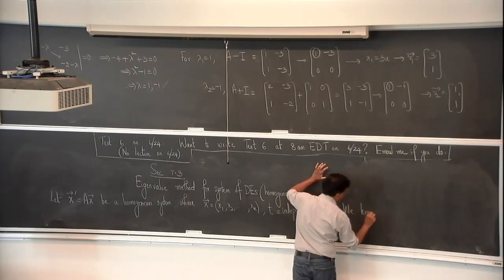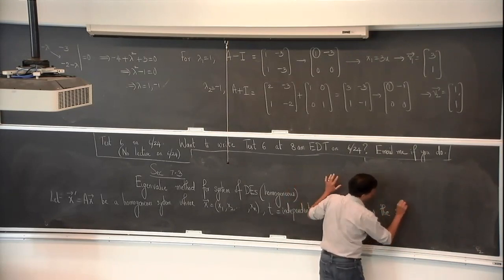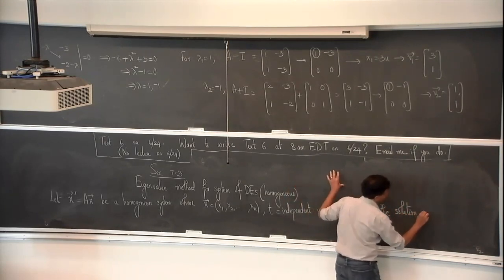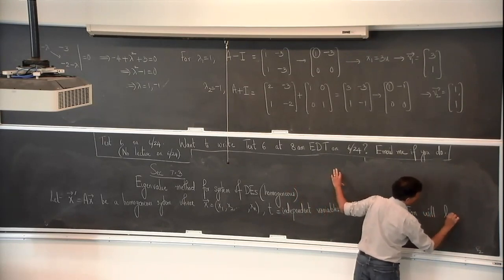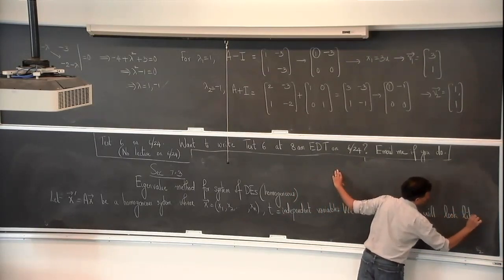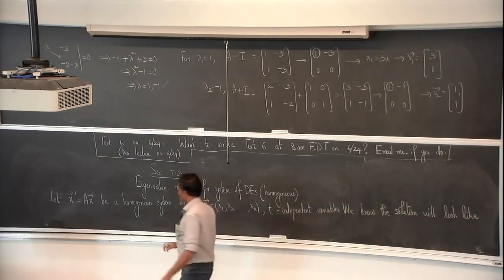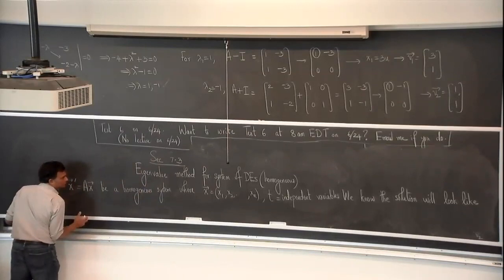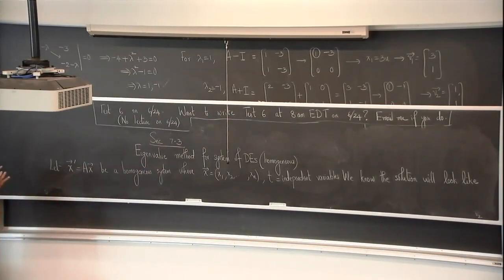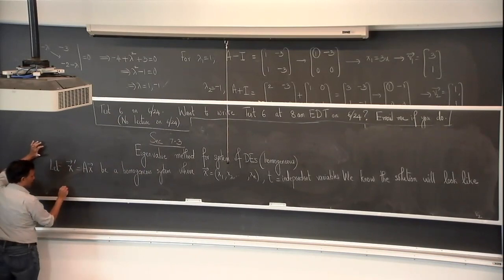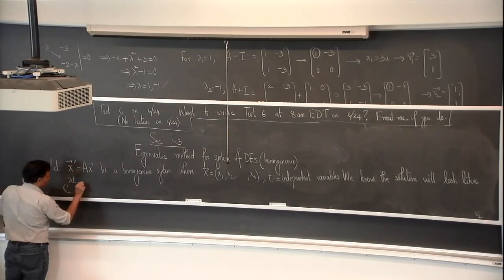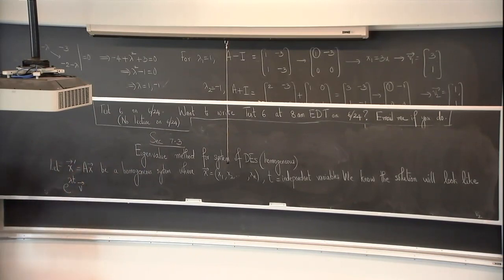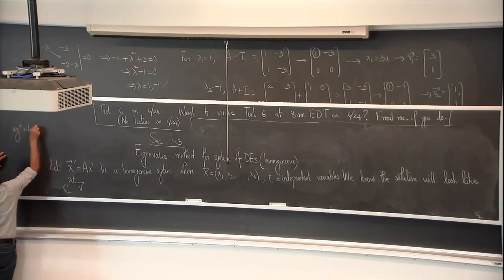We know the solution will look like, and that's what I tried to convince you with those two examples, e to the power of the eigenvalue times t times some vector v, which reminds you of chapter 2, where we wrote a differential equation like this, ay double prime plus by prime plus cy equal to 0.